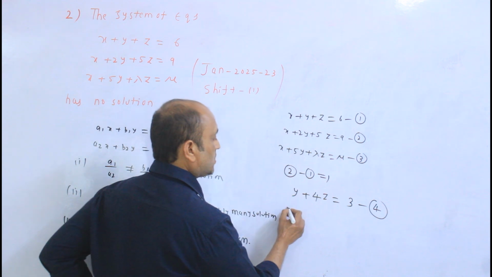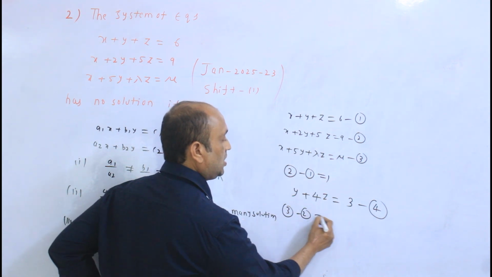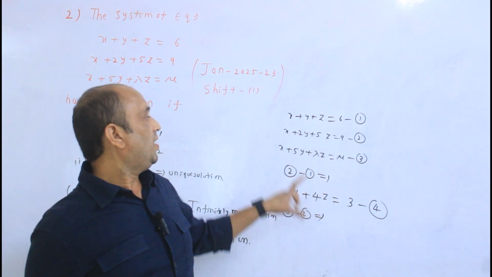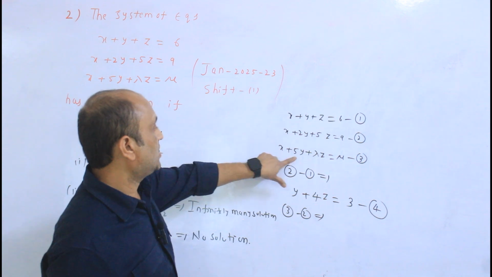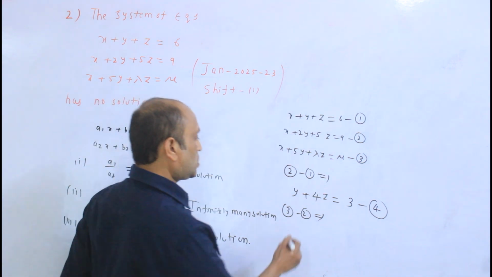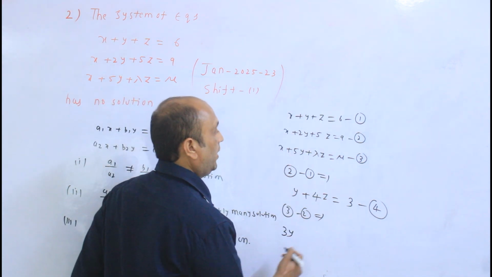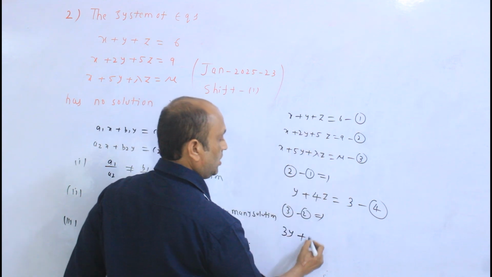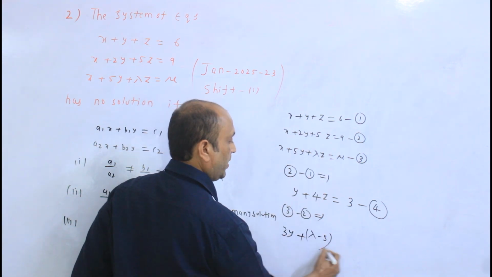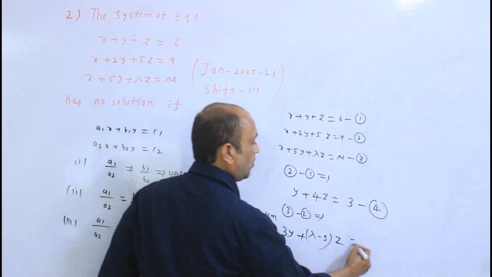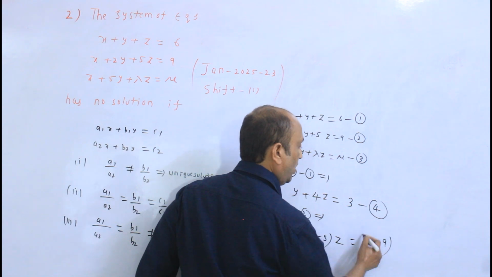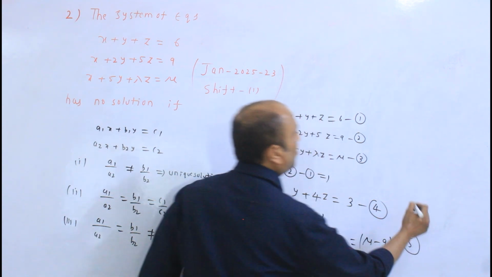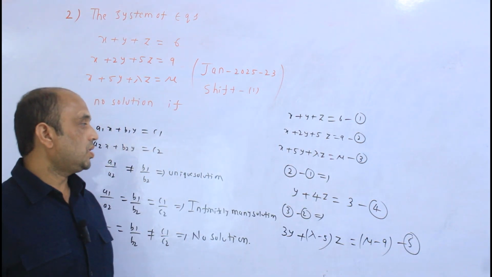Now 3 minus 2, just subtract these two equations. x gets cancelled, 5y minus 2y is 3y, plus (lambda minus 5)z is equal to mu minus 9. This is equation 5.